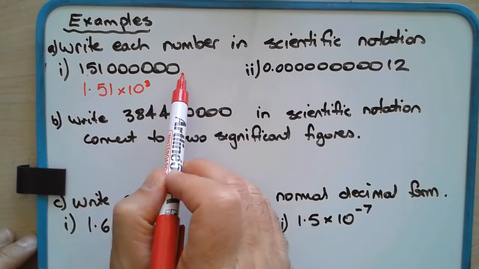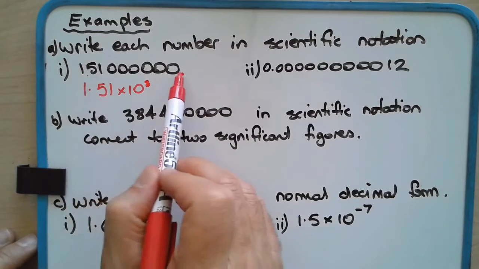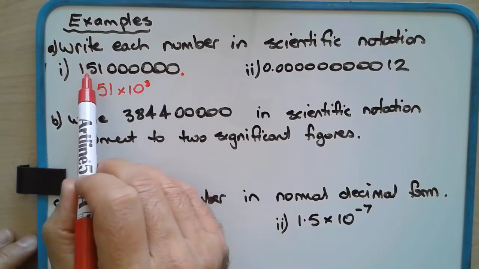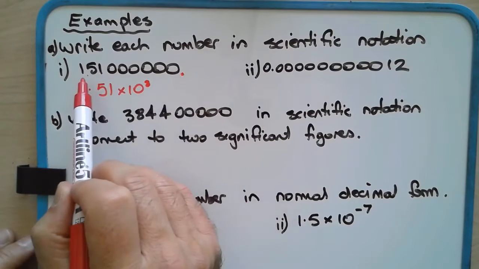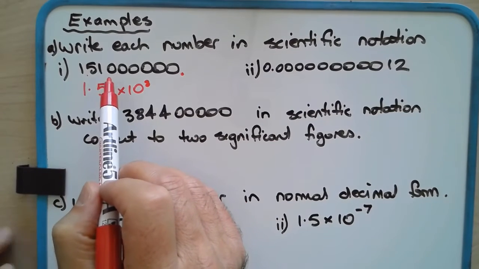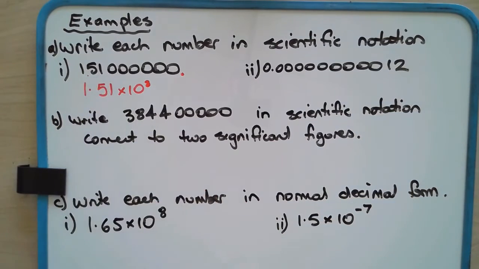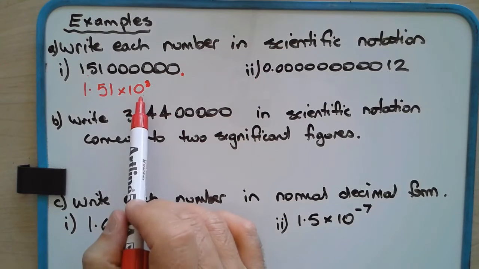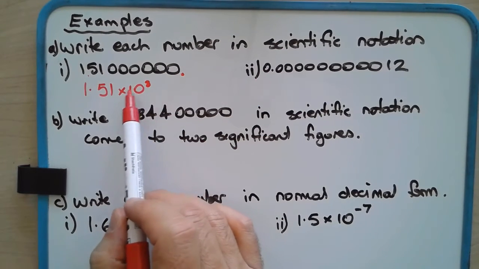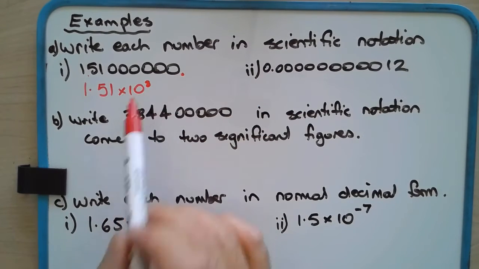The reason for that is that when you move the decimal point, you've turned 151 million into 1.51. That doesn't make sense, it still has to be 151 million somehow. So all you're doing is expressing the same number in a different form, which really just means times 100 million.